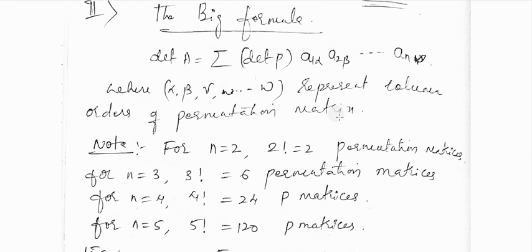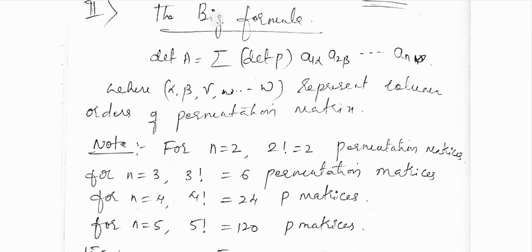In one such example, I have shown how we can change the column order to find the permutation matrices. We can follow the cyclic order, or we can follow the exchange of rows to get the equivalent permutation matrices.